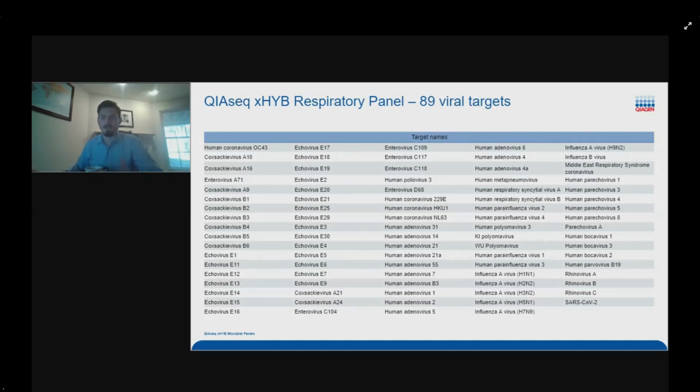However, I want to highlight again that it includes influenza A and B, SARS-CoV-2, rhinovirus, and it also has RSV in there, as well as a few different coronaviruses that are associated with the common cold.